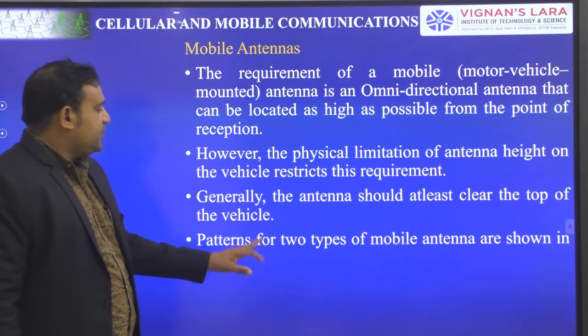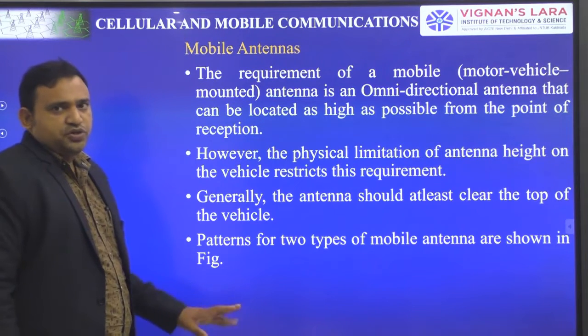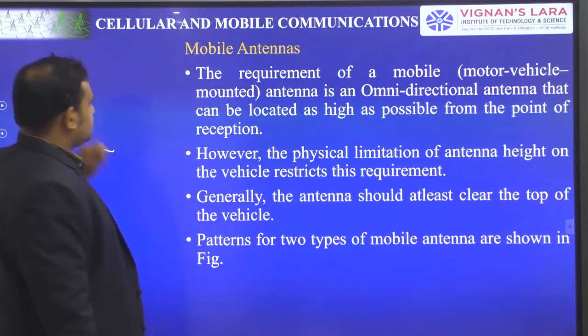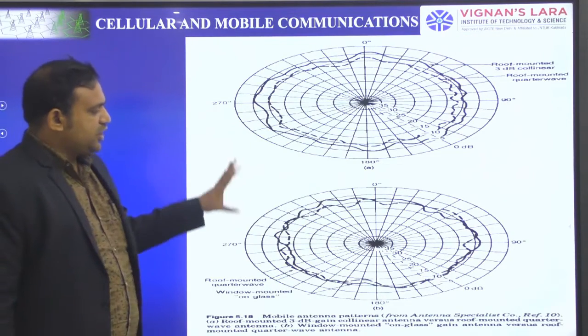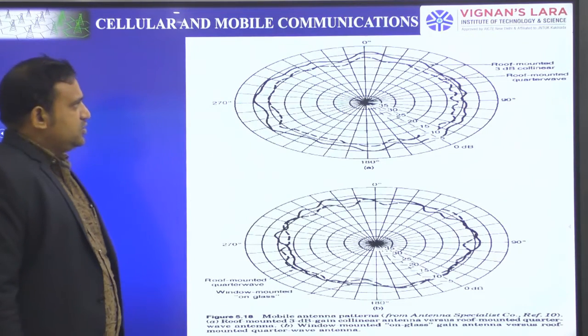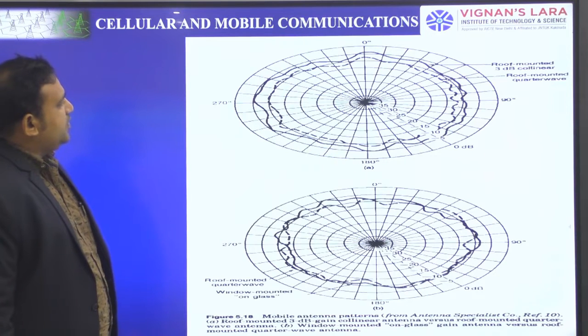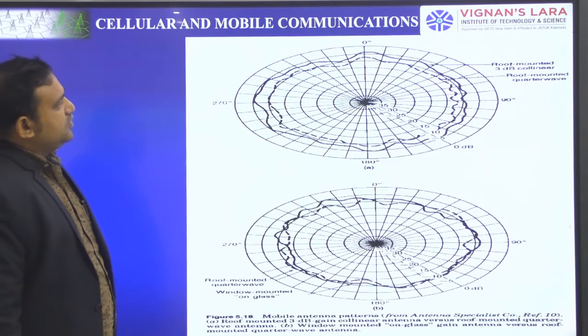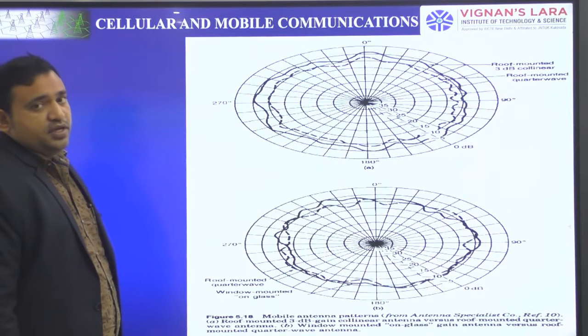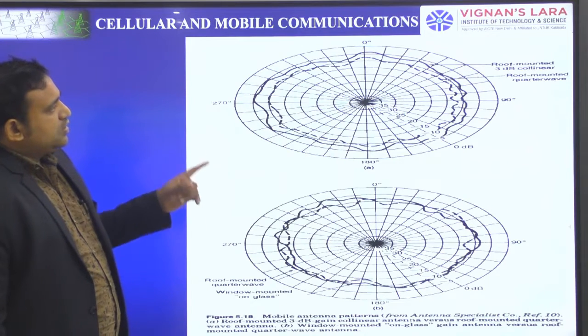The patterns for two types of mobile antennas are as shown in the figure. Figure A represents the omnidirectional antenna pattern with respect to a roof mounted 3 dB antenna and quarter wave antenna.